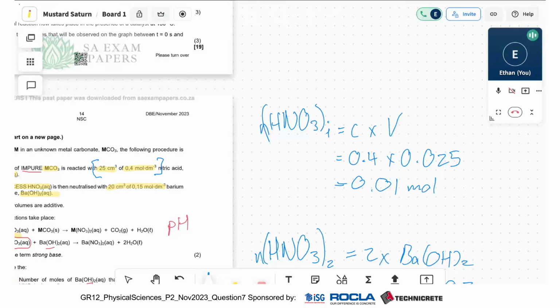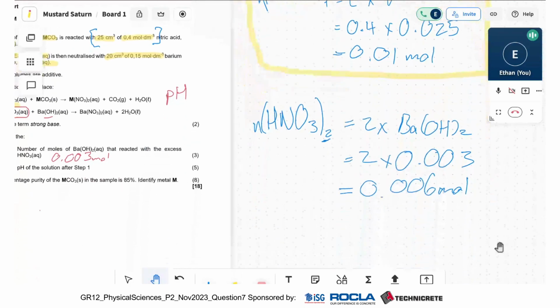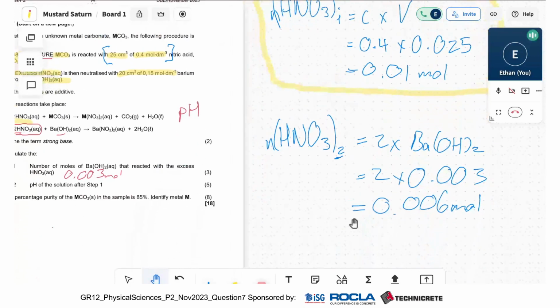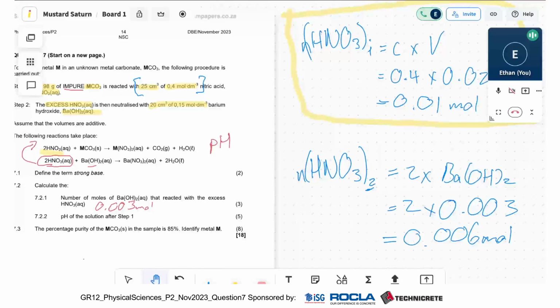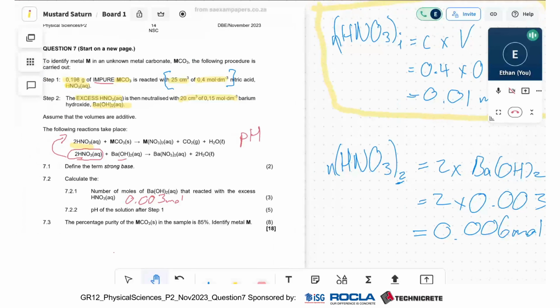So actually, this step might not be necessary. We might just keep this for the last question, because I'm realizing that you don't need this. If you know the amount of moles of acid left over after step one, you basically just need to calculate its concentration.